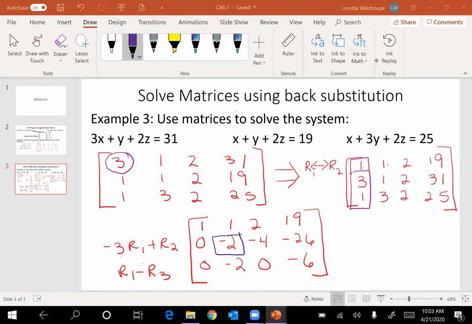So I'm going to do a half of row 2, excuse me, negative a half, to make it a positive 1.